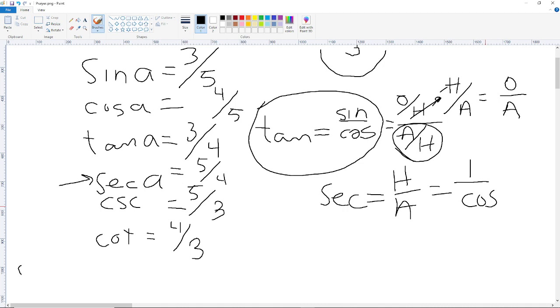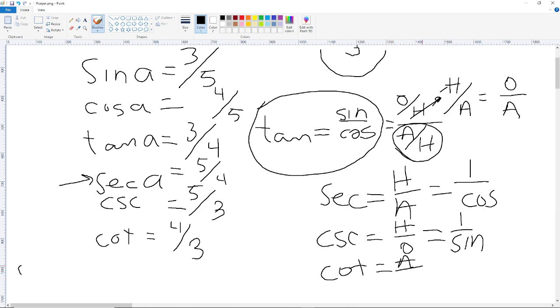Cosecant is hypotenuse over opposite, or 1 over sine. And cotangent is adjacent over opposite, or 1 over tangent.